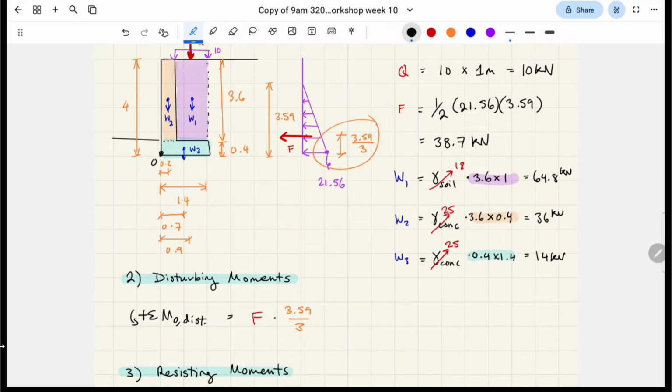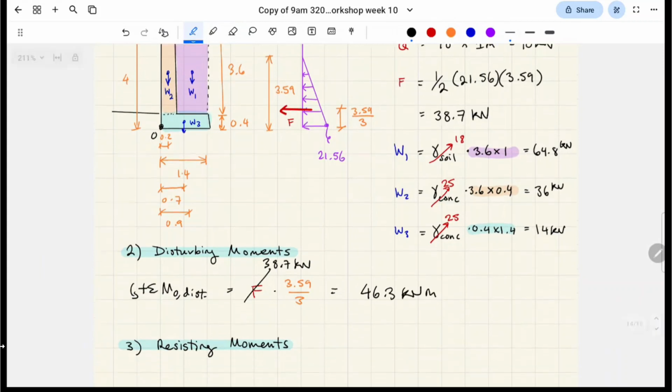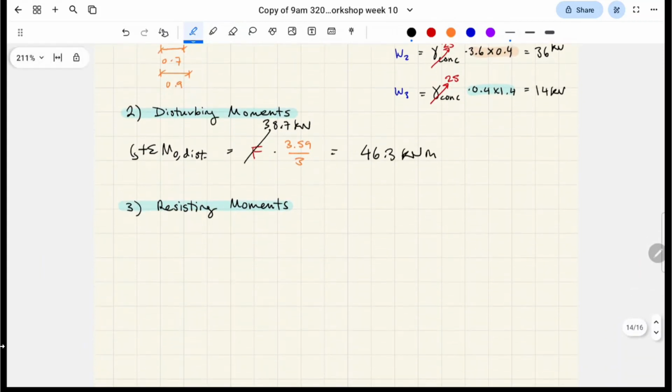That's this value here. The value for F we found was 38.7 kilonewtons, giving us 46.3 kilonewton meters. Okay, let's do the same thing, but in the other direction, grouping together the resisting moments that are going clockwise.